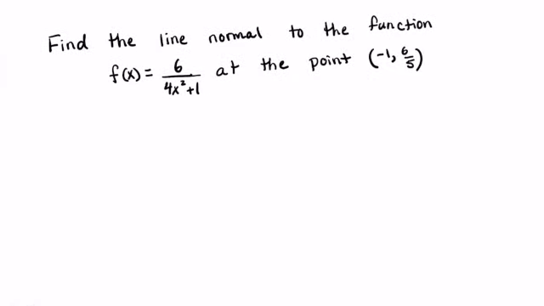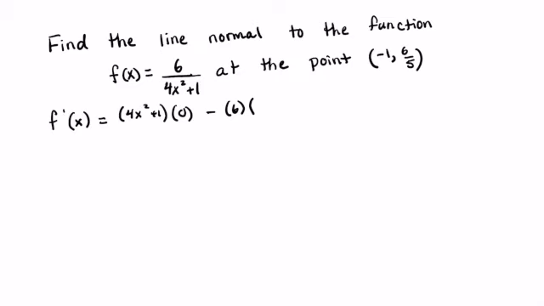So this question asks us to find the line normal to the function f of x equals 6 over 4x squared plus 1 at the point -1, 6/5. Fair enough, straightforward question, just a quotient rule. F prime equals, well, low, so 4x squared plus 1 times the derivative of the high, well, that's 0, that's easy, minus high times the derivative of the denominator.